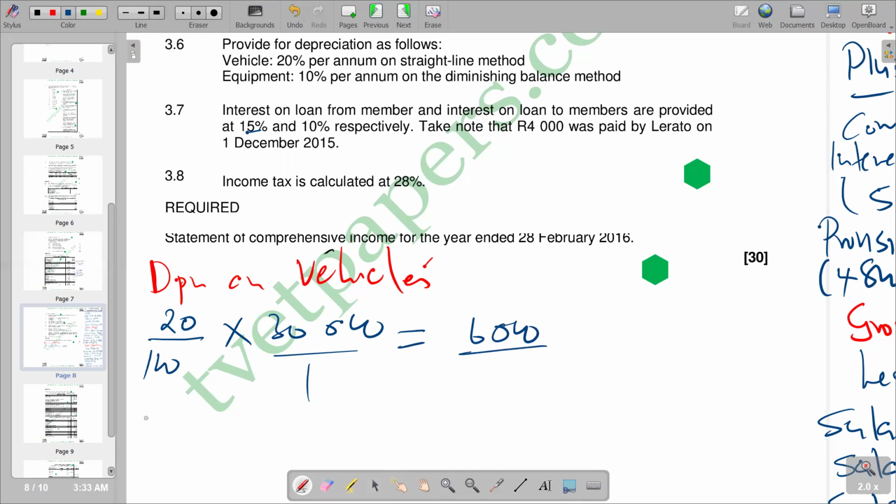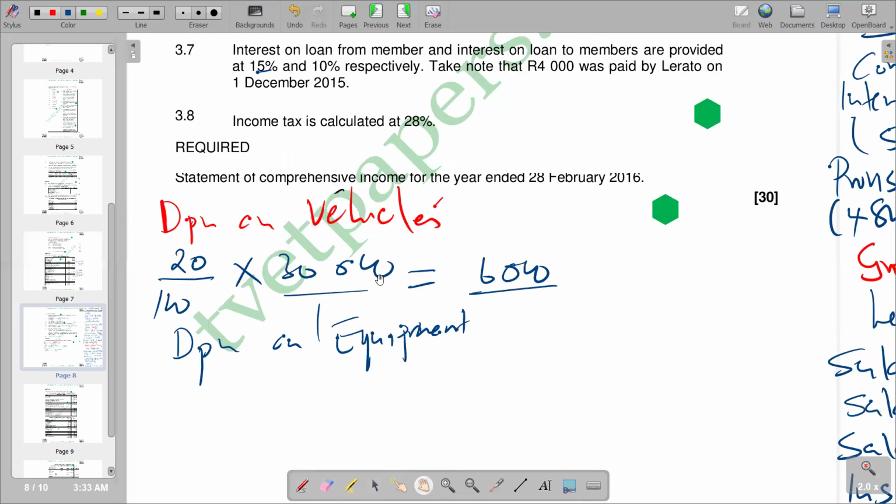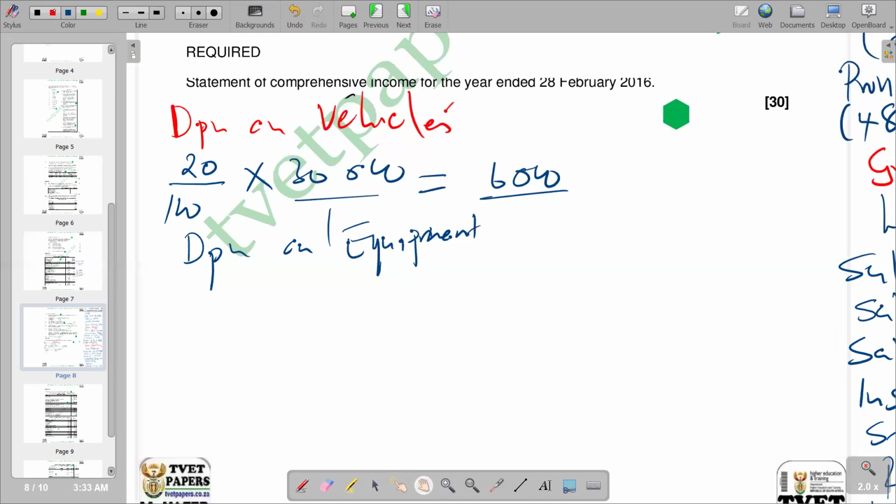Then we also have depreciation on equipment. On equipment, the rate is 10%, but it's the diminishing balance method. So remember, when it's diminishing balance, we say percentage times carrying value, where we first calculate the carrying value by saying cost minus accumulated depreciation.